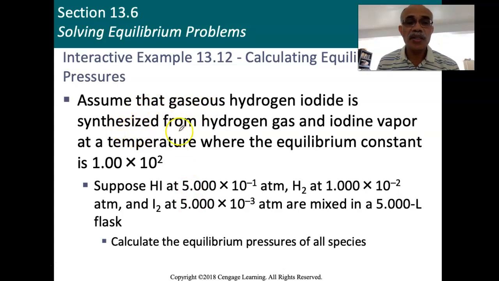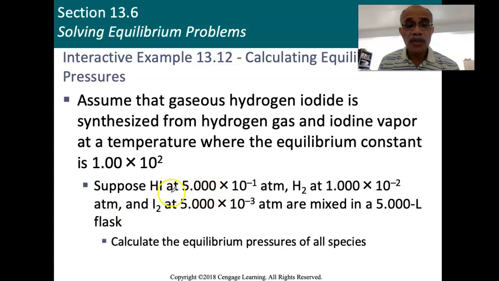Gaseous hydrogen iodide is synthesized from hydrogen and iodine vapor, at a temperature where the equilibrium constant is 1.00 times 10 to the power of 2. So suppose that you have 5.0 times 10 to the negative 1 atmosphere of, so you have these pressures of the different species that you started off with.